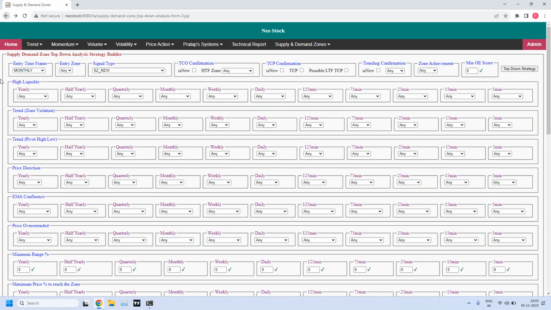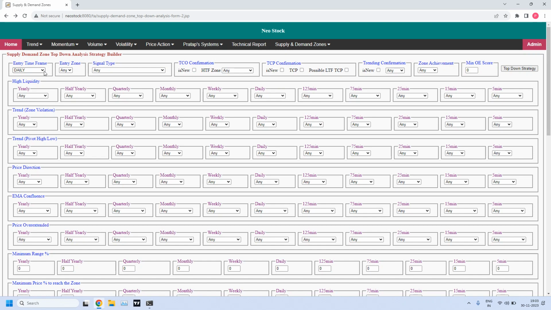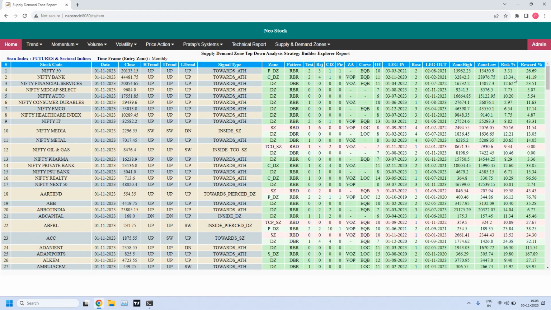Now let me generate demand and supply zones for all the stocks in the monthly time frame. So entry time frame monthly, without any filters, I am generating the complete list. And this is for your reference purpose. I will keep on scrolling this list. Whichever stock you want to refer, there you please pause the video and then you can study the parameters.